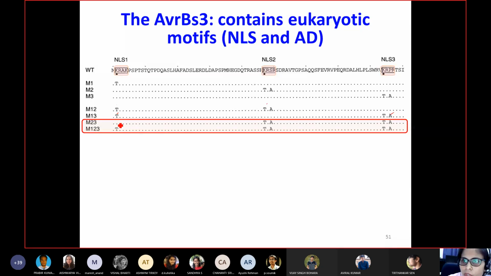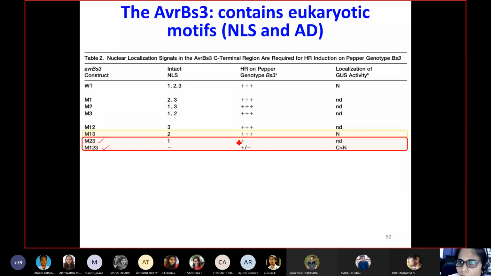In this case, what you can see is that mutating 2 and 3, and 1, 2 and 3, actually lost the hypersensitive response, or very minimal activity was there, whereas mutating either 1 and 2 or 1 and 3 did not cause any effect. That means the hypersensitive response was intact. So it behaved exactly like your wild type. So that means you have some kind of responsibility in the NLS2 and NLS3 sequences.